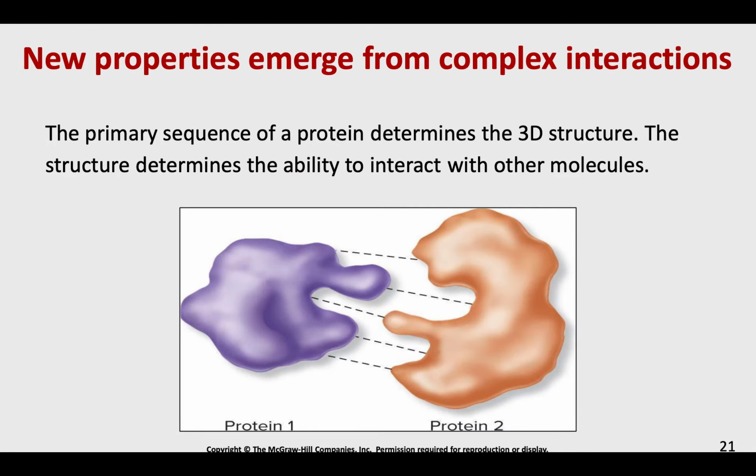All right, so because we have this shape equals function, all right, we can have new properties emerge from complex interactions between different proteins, all right? So primary sequence of a protein determines the 3D structure, all right? And we know that if we change the primary sequence, it can totally change the 3D structure, but that also could change its ability to interact with other proteins. And I threw this picture up here.